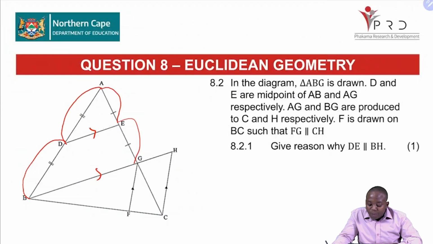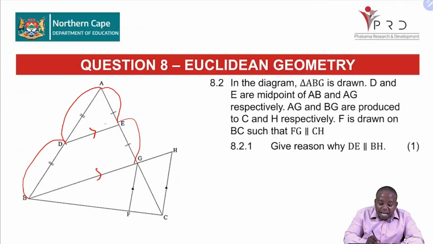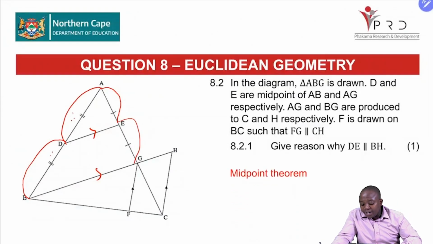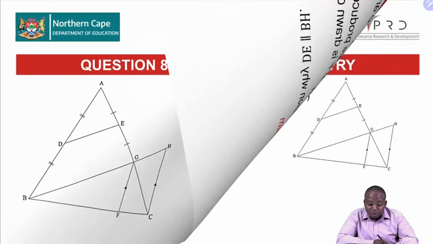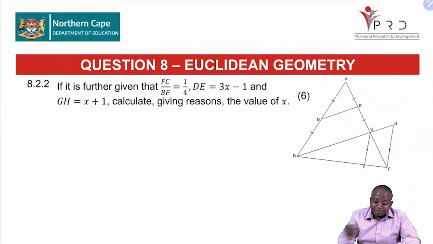What do we see? We see that DE must be the midpoint as it divides the two sides equally. Line AB is divided equally, and line AG is divided equally. So the reason is the midpoint theorem. DE is the midpoint of those two lines, so the two lines must be parallel.